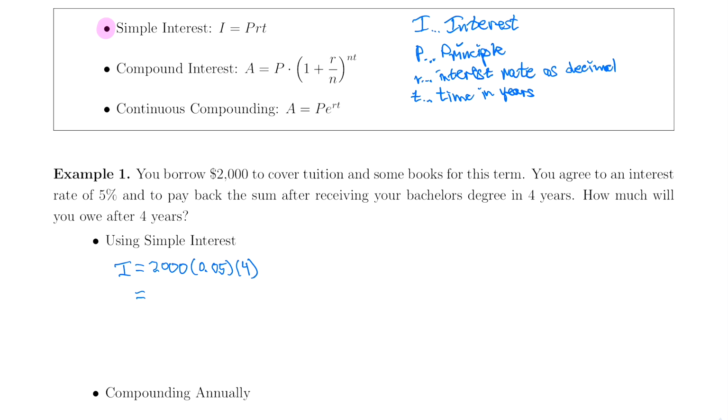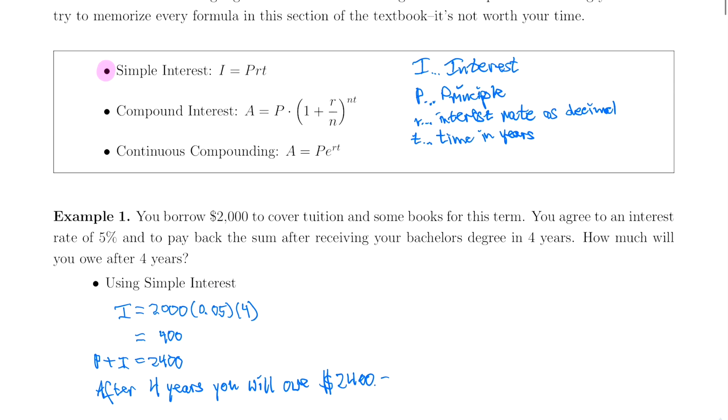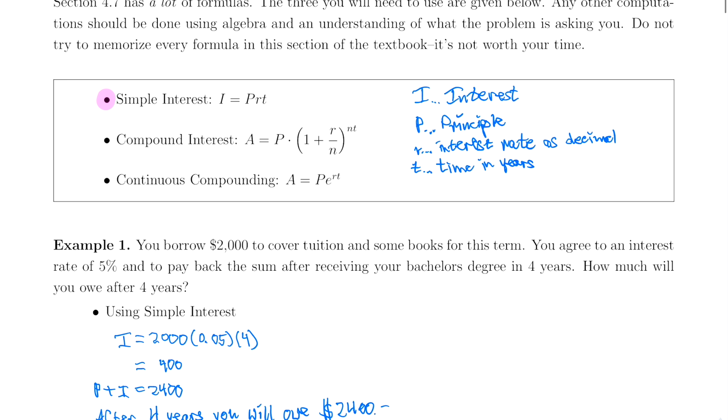Then when we put that in the calculator, we end up with $400. Now that is the interest, and so what we all together have to pay back would be our original amount, so our principal plus our interest, be $2,400. That means after 4 years we will owe $2,400. So that is the simple interest formula.